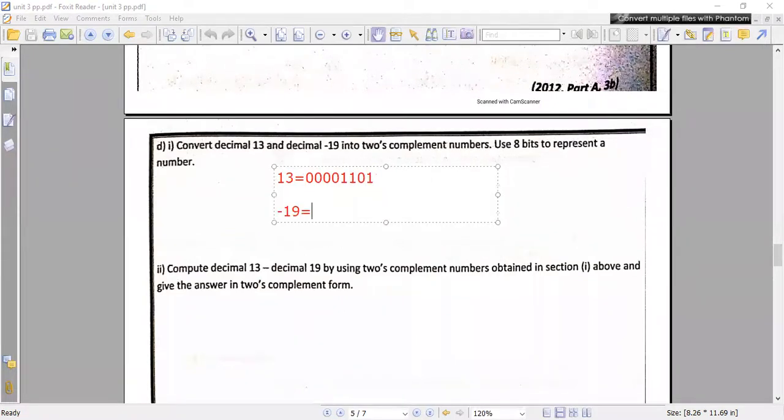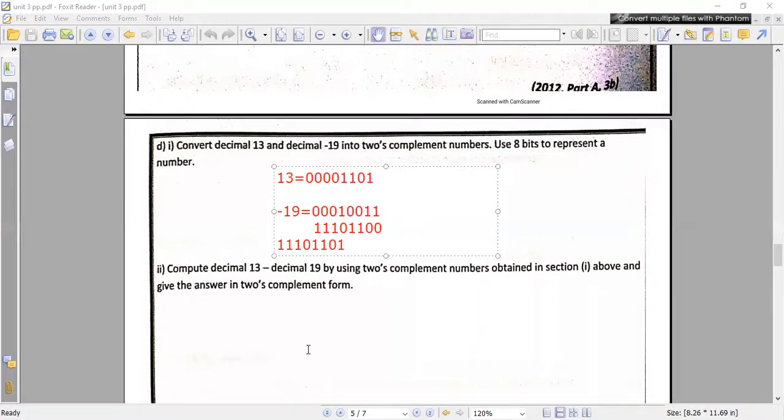Minus 19, you have to take 19, then invert the bits. Then add 1. So this is the answer.